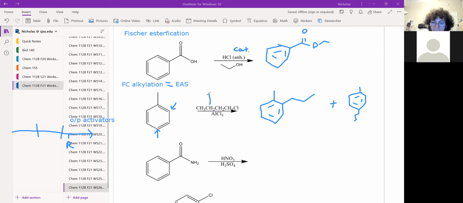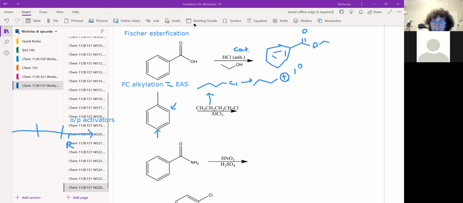So remember that this is what we're starting with. This is the alkyl halide. And then the electrophile that we'll add to the benzene ring is a carbocation. But this carbocation is primary, and there's a secondary spot right next to it.